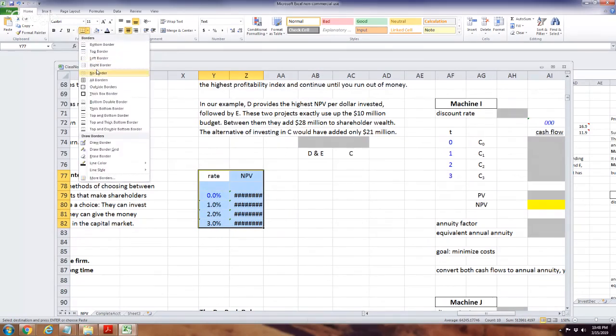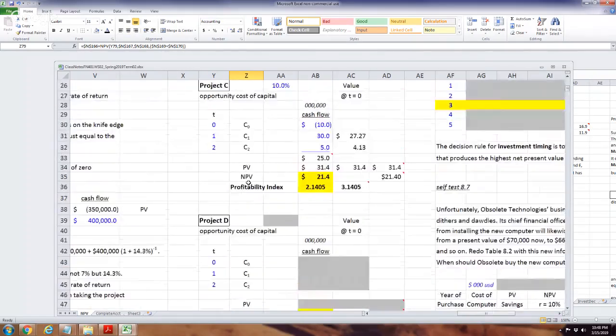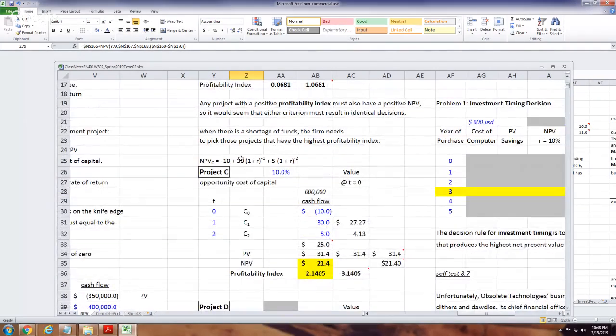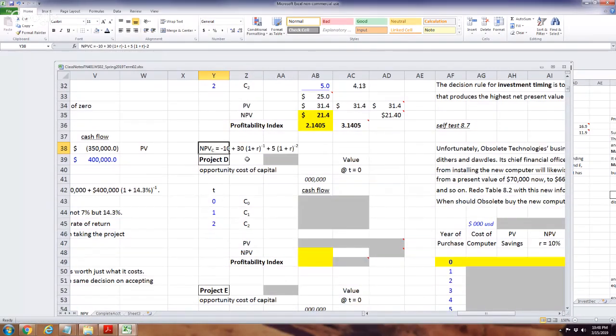We want no borders. Okay, so we'll take this up to 10. This is this copy. We'll get to D in a second. There's D right there. And again, we'll just change those as we go along.